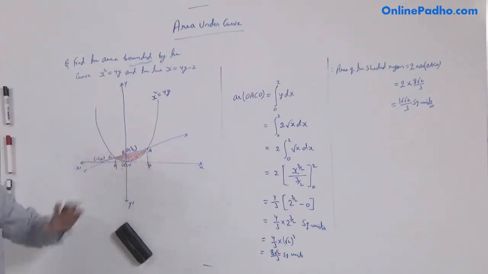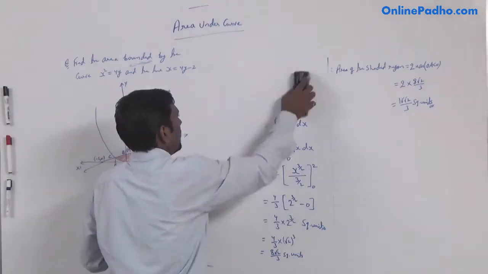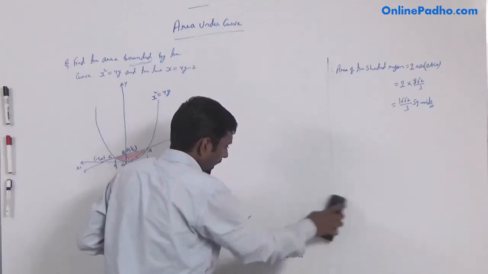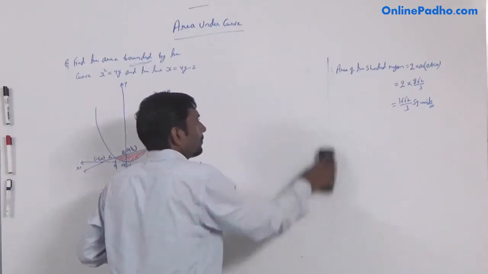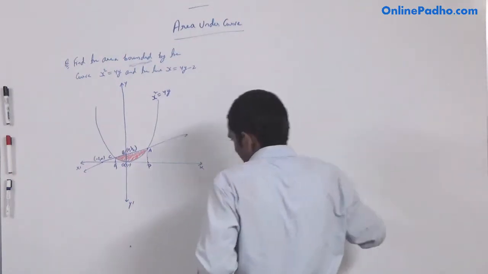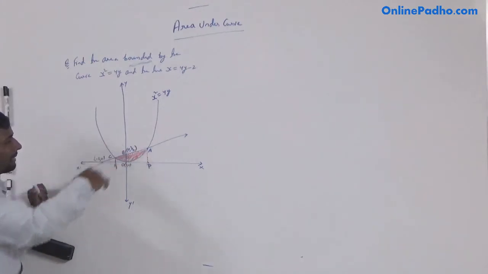We'll get the area of the required region. Now let us see how we can find this area. So we have to find the area of this complete shaded region.